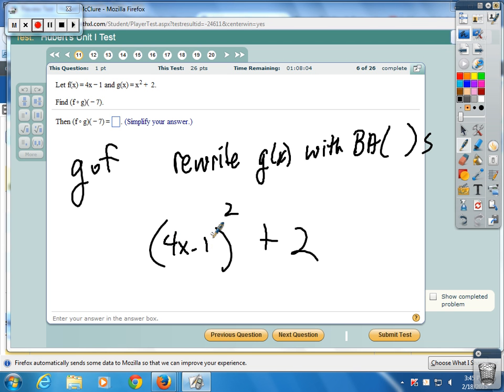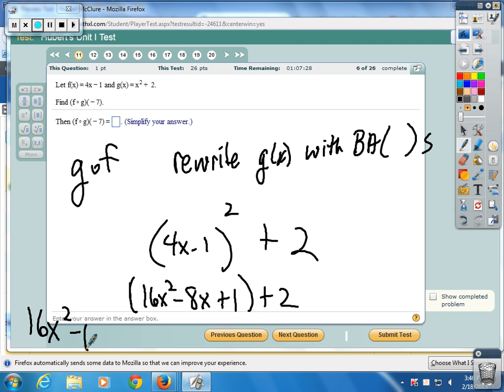And then you got shortcut number 2, which is you're not going to plug in the -7 for the x until after that. Yeah, plug it in at the end. So take that over 4, it's going to be 16x squared minus what? 8x plus 1 plus 2, and what's 1 plus 2? 3. Good job.